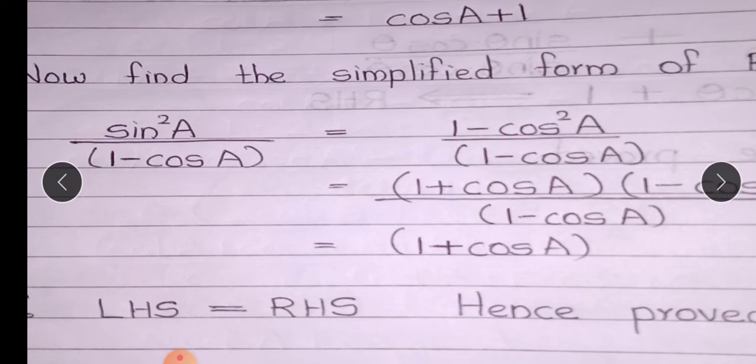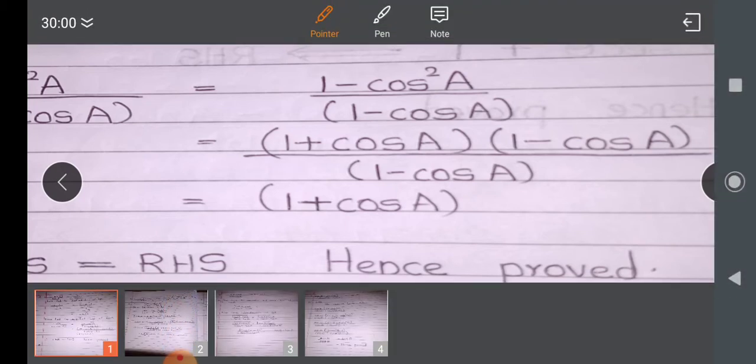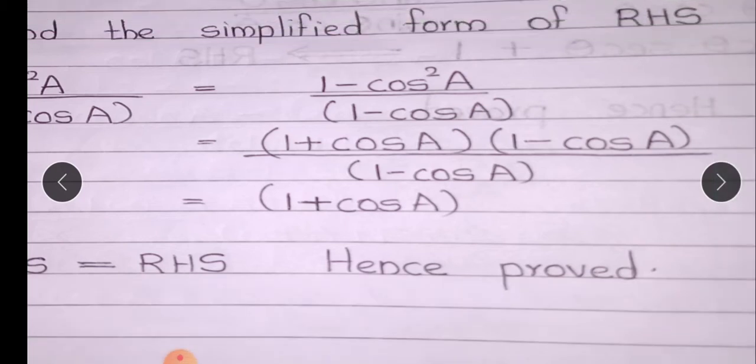It is A plus B into A minus B. So we are using the identity A square minus B square is equal to A plus B into A minus B. So here I am taking 1 as A and cos A as B. So I can write 1 minus cos square A is equal to 1 plus cos A into 1 minus cos A.